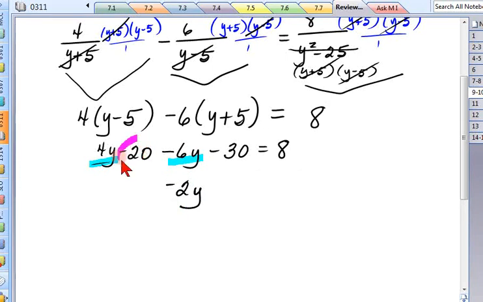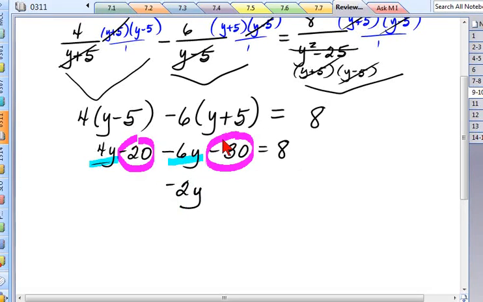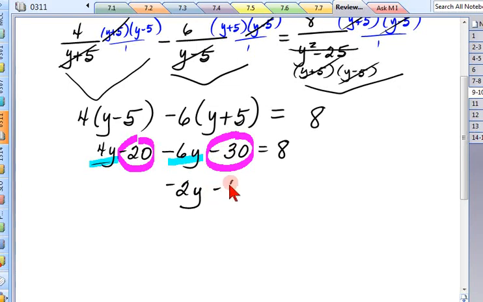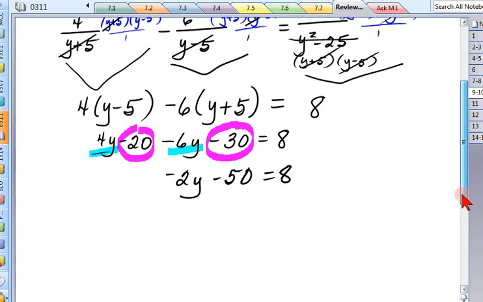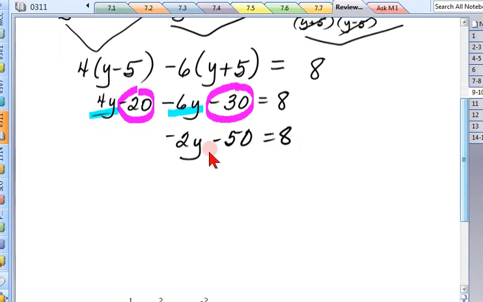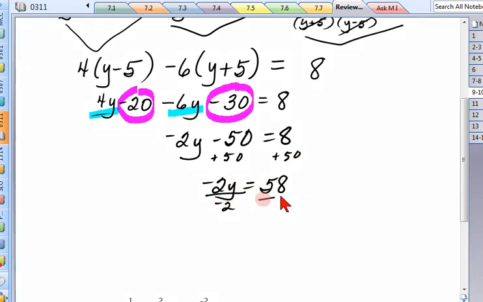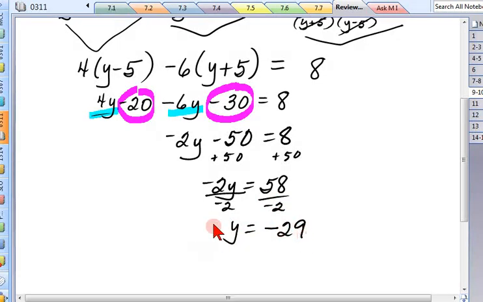And I have a minus 20 and a minus 30, which gives me minus 50, and that equals 8. Add 50 to both sides. That gives me negative 2y is equal to 58. Divide by negative 2, and y is equal to, positive divided by negative is negative 29.